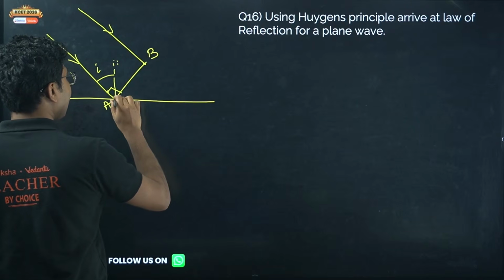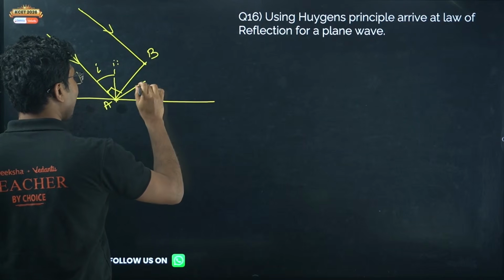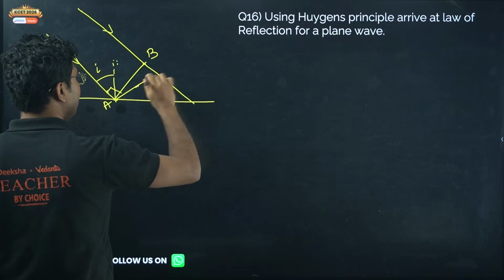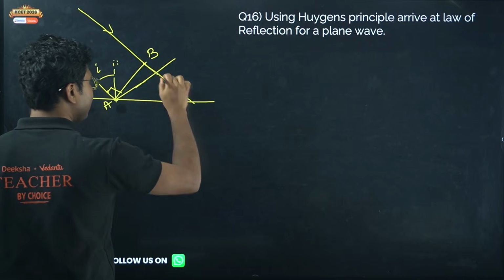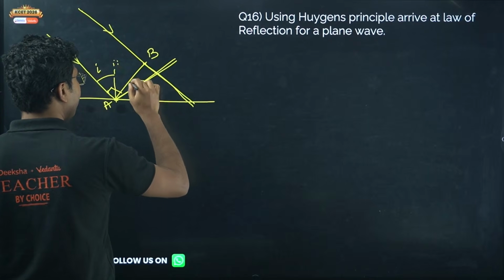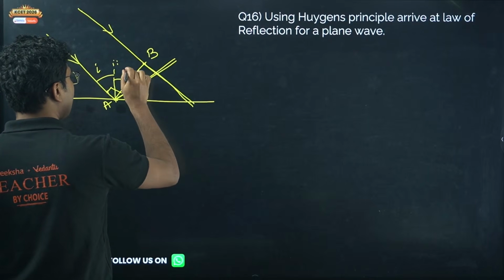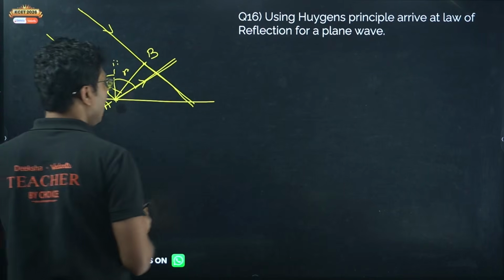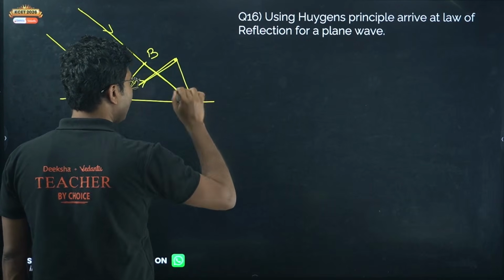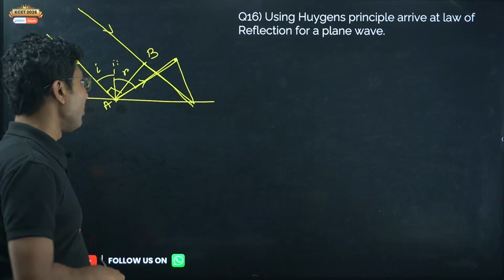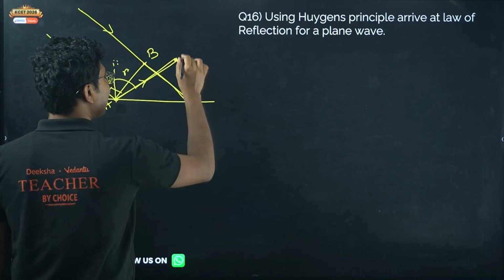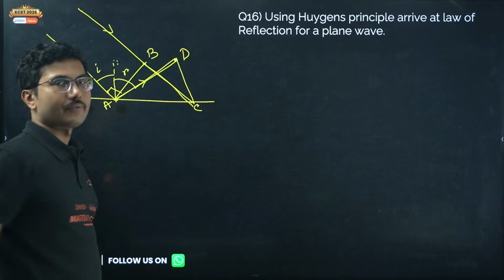Now by the time this ray reaches over here, the other ray goes to over here. So this is the angle of reflection, R. If you join this point and that point, you will get the reflected wavefront, say CD.